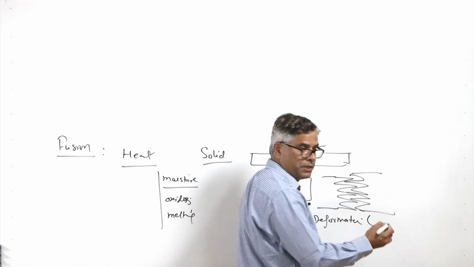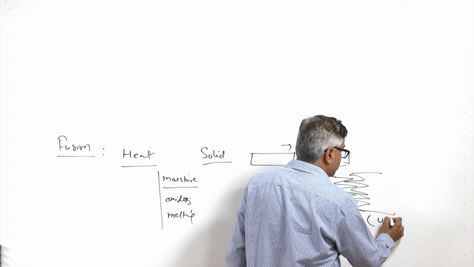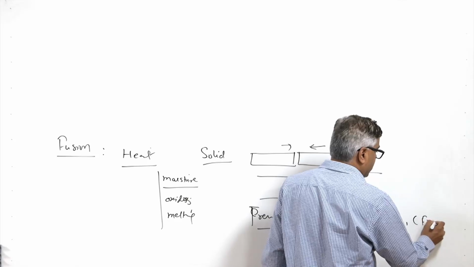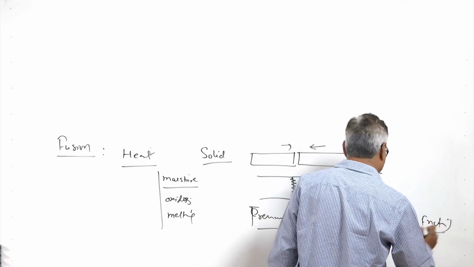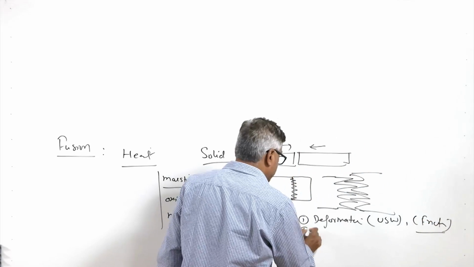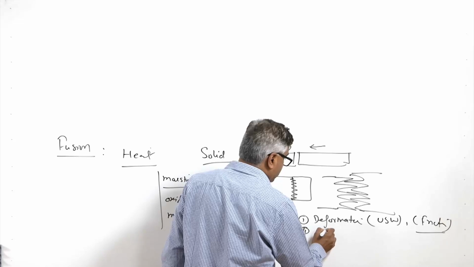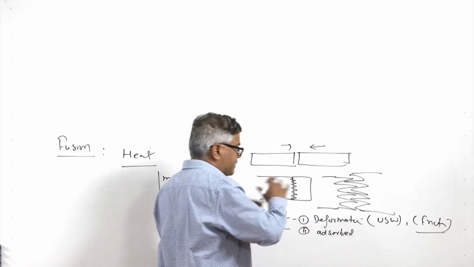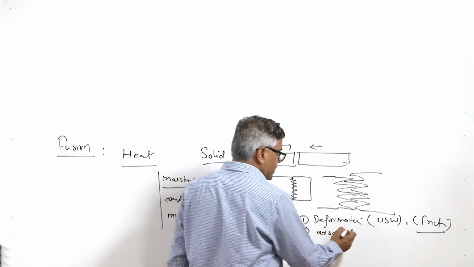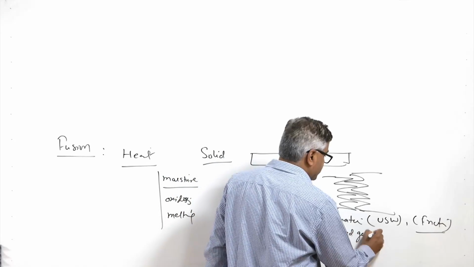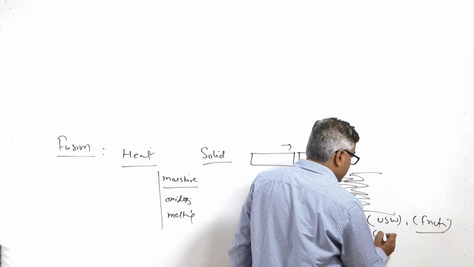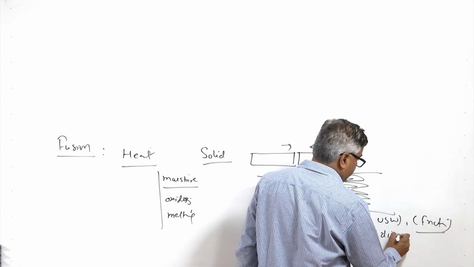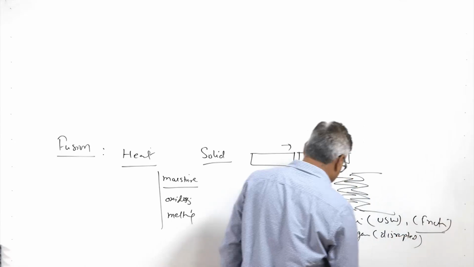Micro level deformation is used in case of the ultrasonic welding processes, while a macro level deformation is used in the case of the friction welding processes. In addition to that, all the surfaces will have some adsorbed gases present at the surfaces. So, adsorbed gases are disrupted with the application of the pressure at the surface.